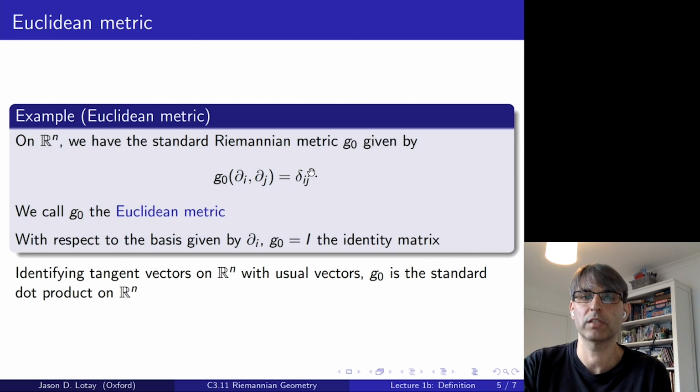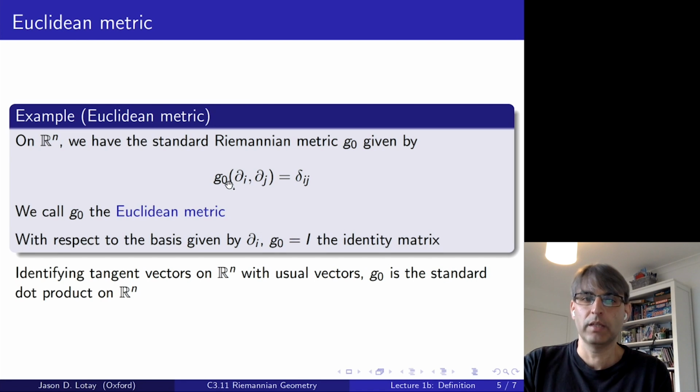The entries in the matrix are just delta ij, so it's just ones along the diagonal, 0 otherwise, which is unsurprising. So given this choice of basis, we can identify the Euclidean metric with the identity matrix.